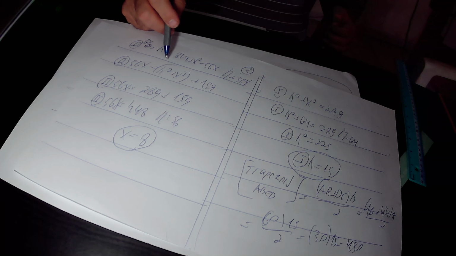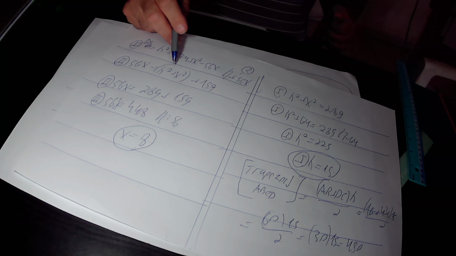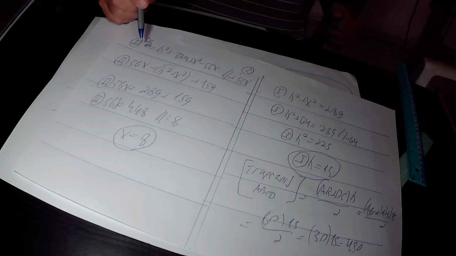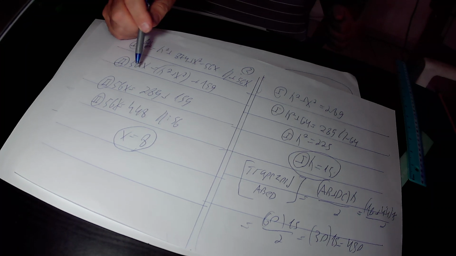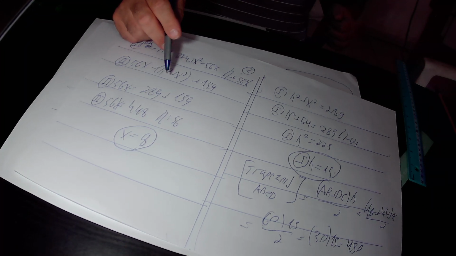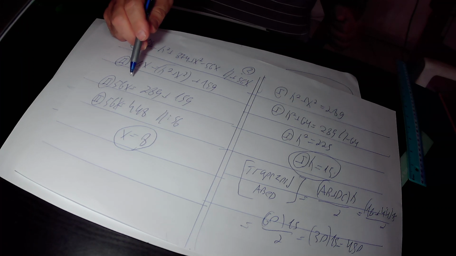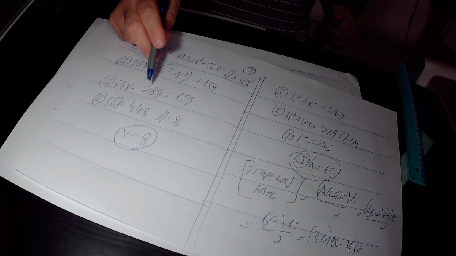According to equation 1, 8 squared plus X squared is equal to 289. Therefore, we can substitute 8 squared plus X squared in this equation by 289. We did it, and we found that according to equation 2, 56X equals 289 plus 159. So 56X equals 289 plus 159, which is 448.